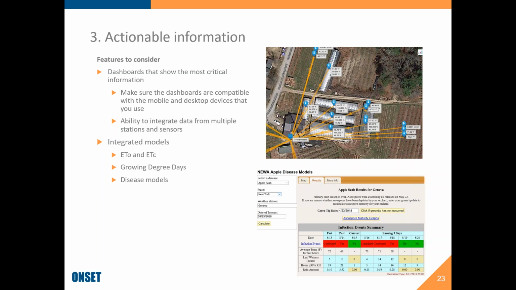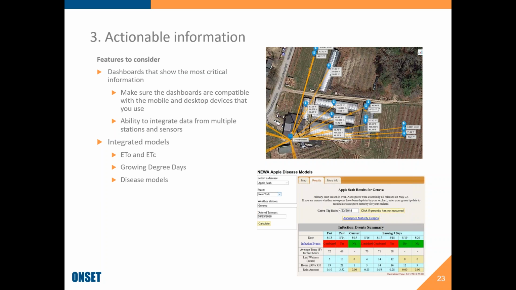If you're trying to do water budgets for a research site, a lot of times you want to look at evapotranspiration. ETo is the reference evapotranspiration, and ETc is for a specific crop. Another thing you may want to look at is growing degree days, which can be an indication of growth stage, when you can expect insects to emerge or plants to bloom, those kinds of things.